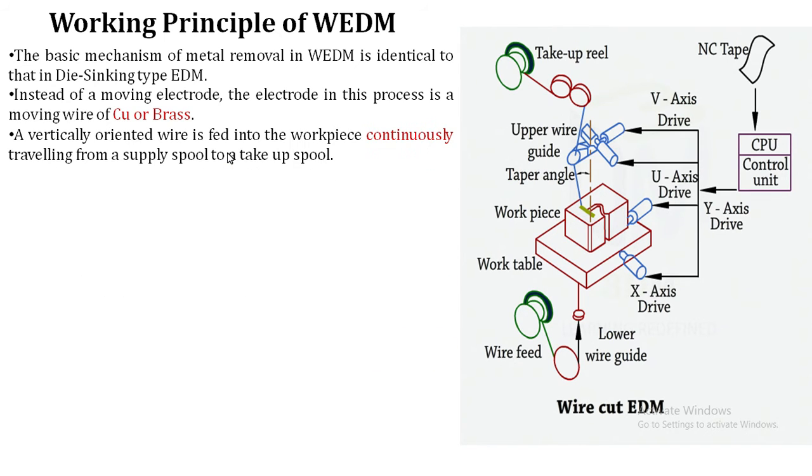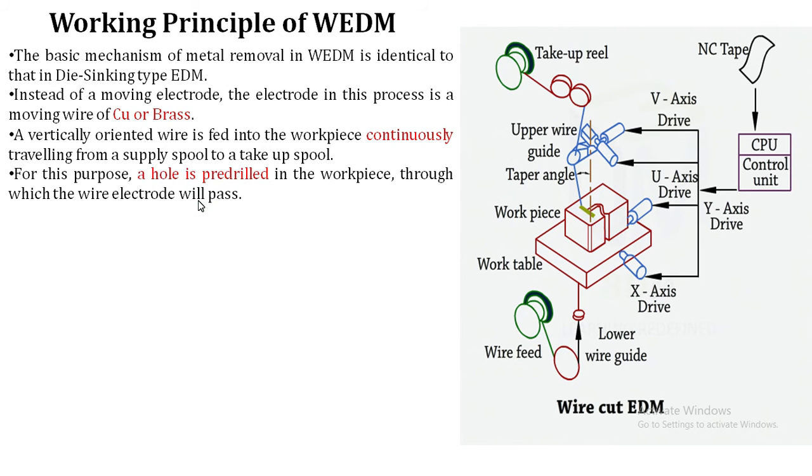Next, a vertically oriented wire is fed into the workpiece continuously, traveling from a supply spool to a take-up spool. So that is very important. The wire continuously comes into contact with the workpiece surface, and only then is material removed according to your defined profile, which is given to the CPU control unit, and that profile is generated at the end of the machine.